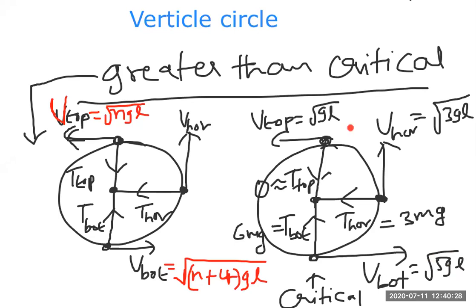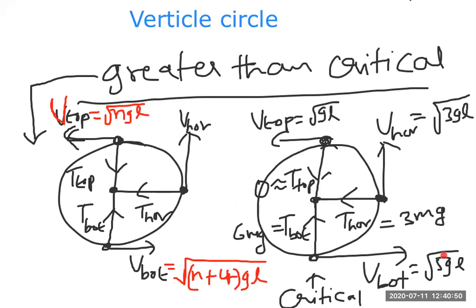Comparing greater than critical and critical, n is 1, so substituting 1 plus 4 gives 5, so root 5GL at the bottom. So whenever it is greater than critical, I can write root of (n plus 4)GL at the bottom, because n is treated as 1 for critical.